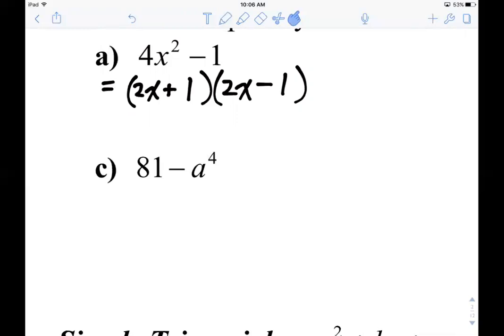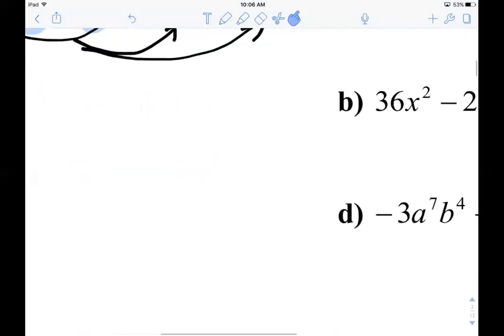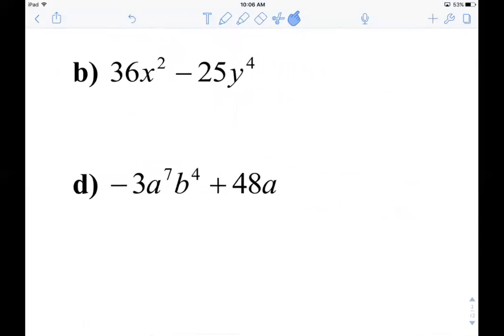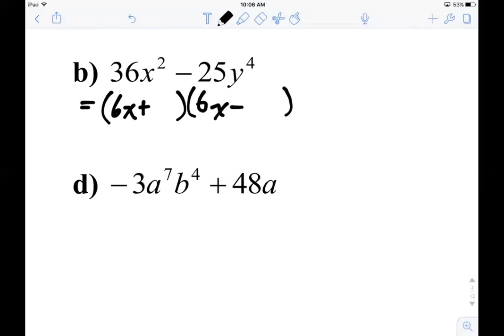Let's look at another one with a little bit more going on. So now, well, 36x squared, once again, that can be square rooted. And so can 25y to the power of 4. Well, 36x squared, when I square root it, I would get 6x. That's going to be added with something. And here 6x is going to need to be subtracted with something.